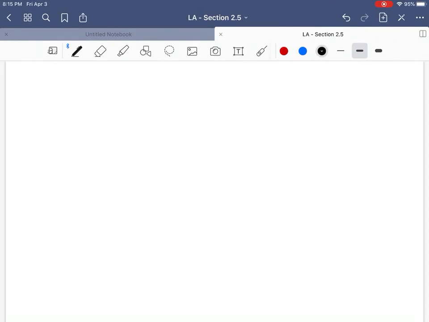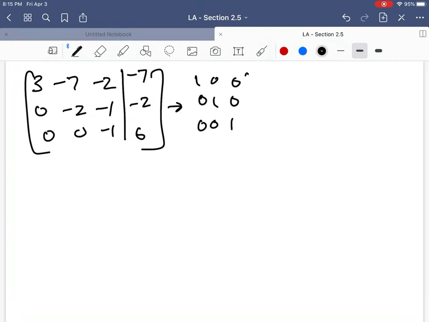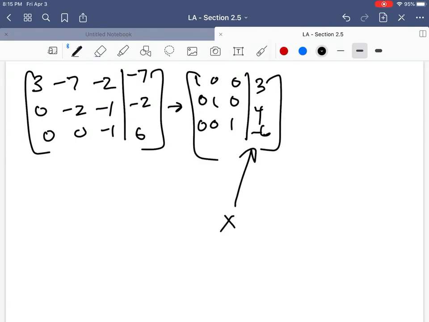Let me find it on my paper here. All right. So I got my upper matrix, 3, negative 7, negative 2, 0, negative 2, negative 1, 0, 0, negative 1. Put my Y that I just found, negative 7, negative 2, and 6. Row reduce that, and if you put it in your calculator, you would get 1, 0, 0, 0, 1, 0, 0, 0, 1, and it will come out to 3, 4, negative 6. Okay, so that right there is X.